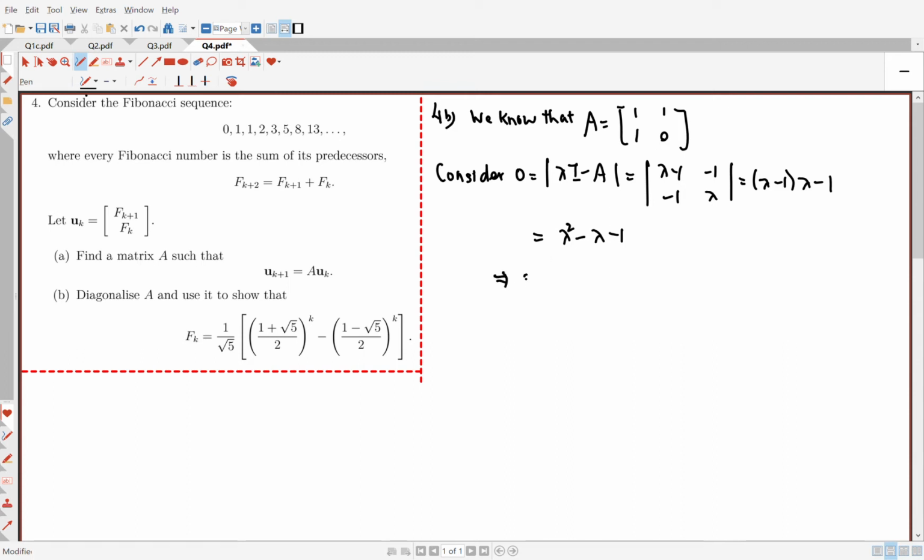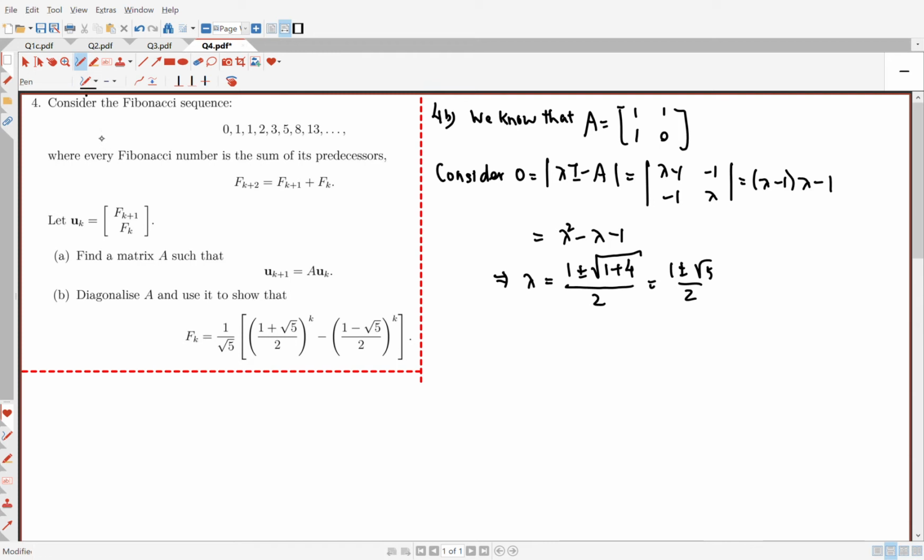So let's just use the formula: minus b plus minus square root of b squared minus 4ac, divided by 2. So I have 1 plus minus square root 5, divided by 2.